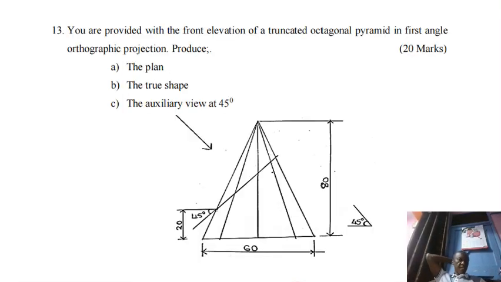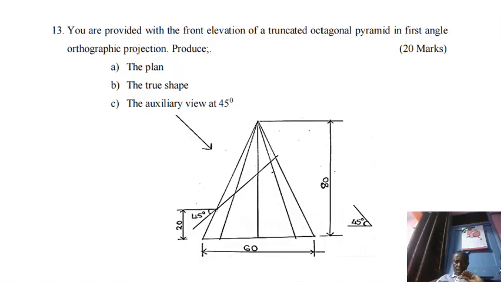Now this is another question, question number 13. This is a solid geometry question. What does it say? You are provided with the front elevation of a truncated octagonal pyramid in first angle orthographic projection.